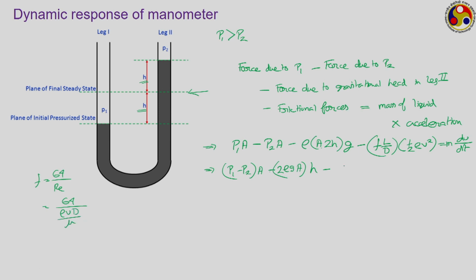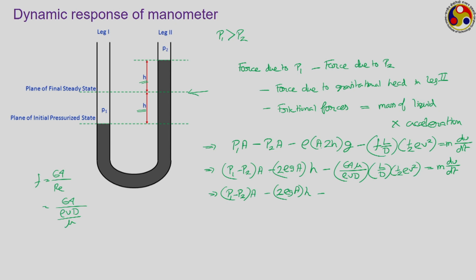If we take it back here, we have F as 64 mu by rho v d, into L by d into half rho v square, equal to m into dv/dt, or P1 minus P2, which is the imposed pressure difference between the two legs, minus 2 rho g A into H. We just have to simplify this.